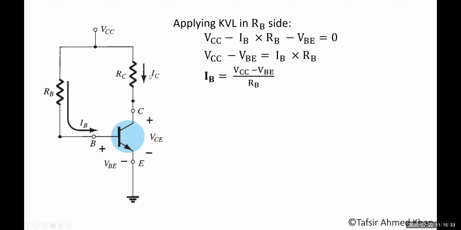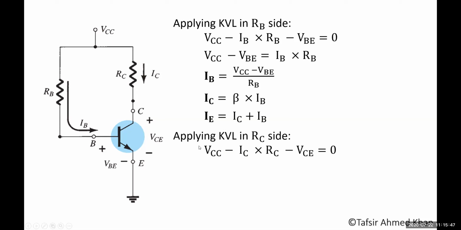Now, what is your IC? IC is equal to beta IB. We know it. What is IE? IE is equal to IC plus IB. We know it. For VCE, you have to apply a KVL on this side. Applying KVL in the RC side, what do you have? VCC minus ICRC, because this drop is IC into RC, minus VCE.